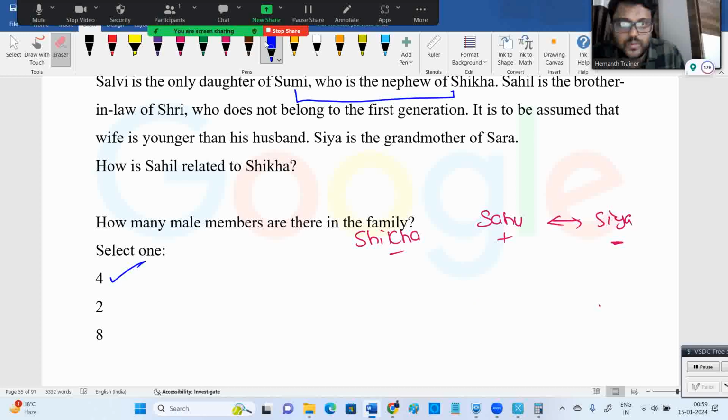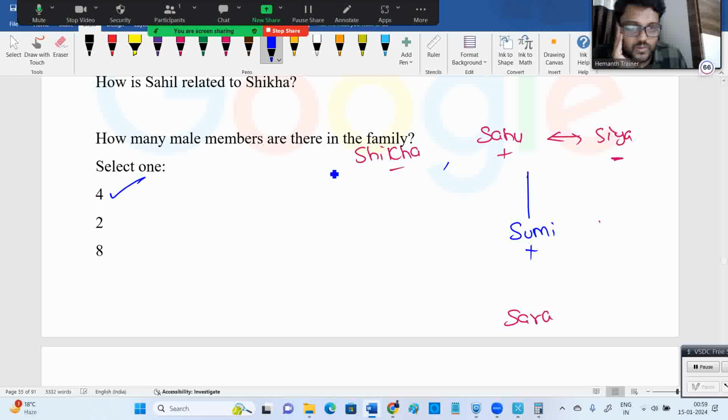Nephew means your brother's son might be. But here the problem is that nephew means male. Okay, Sumi is male. Fine, Sumi is male. So yes, Sika's brother's daughter is one possibility. Sumi, fine. So Salvi is the only daughter of Sumi. Okay, that's great.